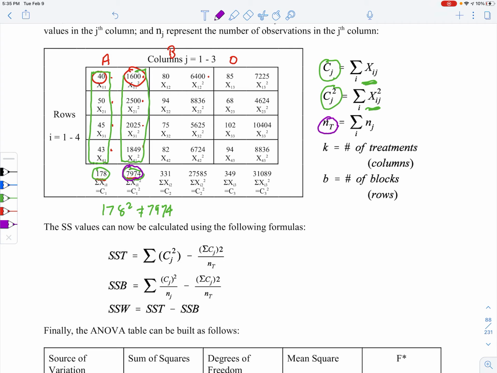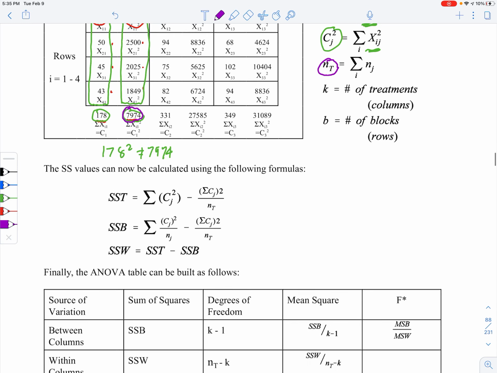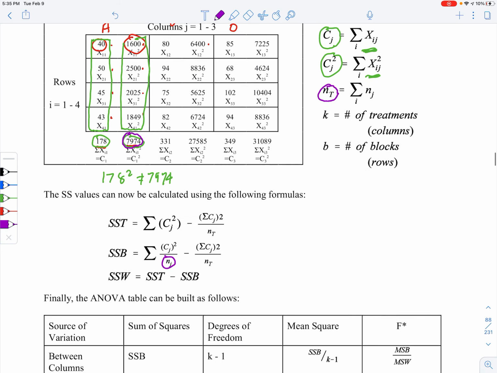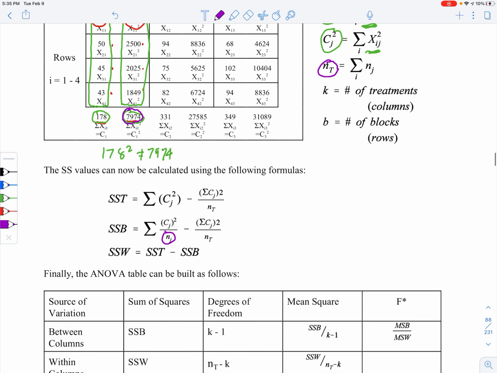But the fact that they're broken up into 3 different treatments now means that there's a different n. You'll see it down here for each treatment. So in our particular simple case then, the n for each treatment or each province is going to be 4, but the total n will be 12.